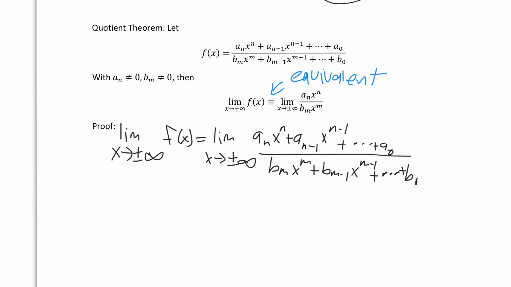All right. Now what we're going to do is factor out the highest power of x, just like we did on our other questions. So here there's an x to the n that we can factor out of all of these, and here there's an x to the m that we can factor out.